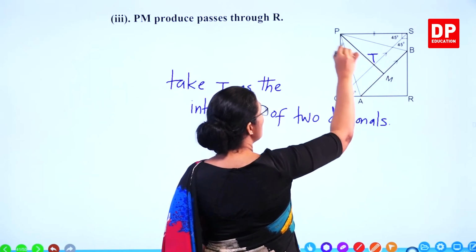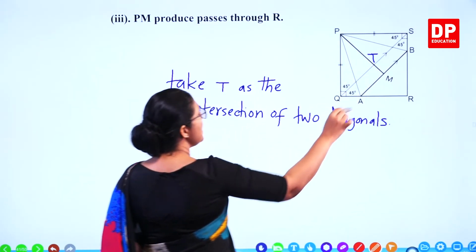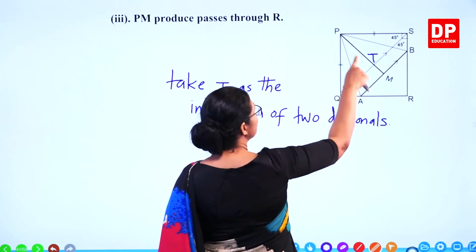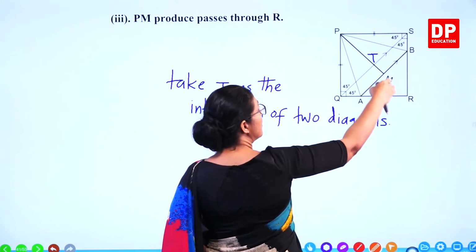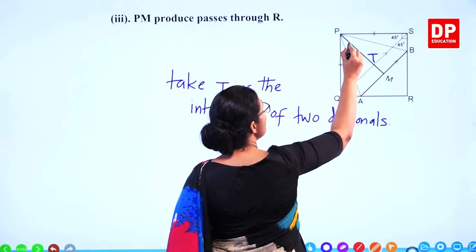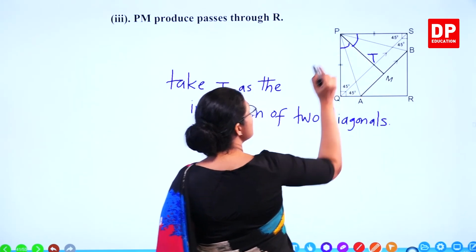Now we know PM is the diagonal because we found out this angle is equal to this angle.